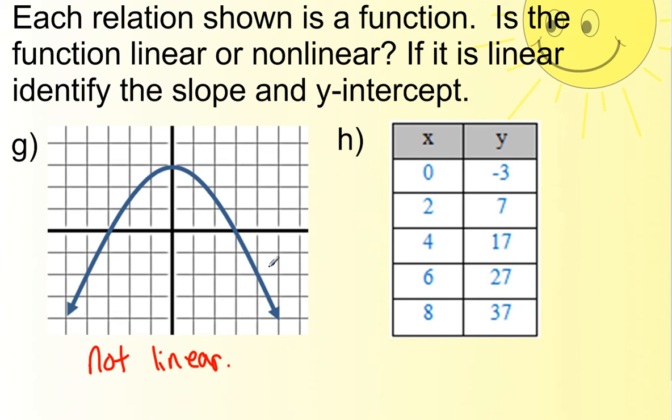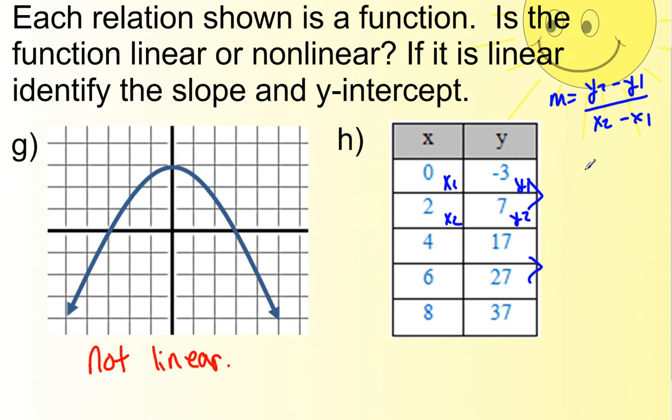Okay, so letter H. The way we did this before is we look at the slope of a couple different points. Maybe I'll use these two just to be different. So the slope formula is m equals y2 minus y1 over x2 minus x1. x1, y1, x2, y2.